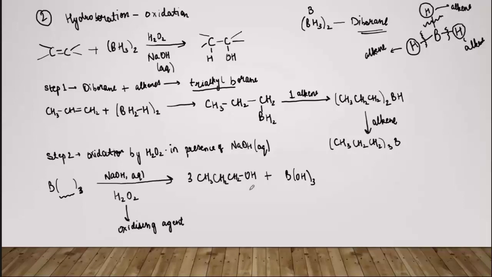But in this case we cannot say exactly that anti-Markovnikov is happening because of H2O2, because here H2O2 has a different job. It actually participates in the reaction as a very good oxidizing agent, doing the oxidation. But be careful about the products of both reactions. Both the first way, dehydration in the presence of acid, and the second, hydroboration oxidation, use alkenes as reactants, but the products formed from these two methods are different.